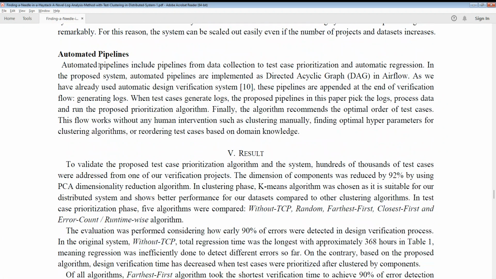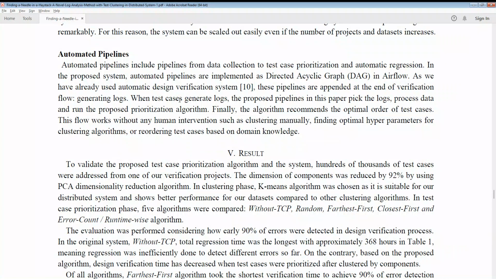Automated pipelines. Automated pipelines include the pipeline from data collection to test case prioritization and automatic regression. In the proposed system, automated pipelines are implemented as a directed acyclic graph in Airflow. As we have already used an automatic design verification system, these pipelines are appended at the end of the verification flow, generating logs.